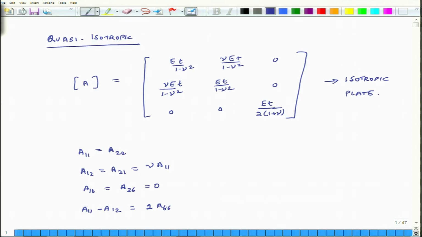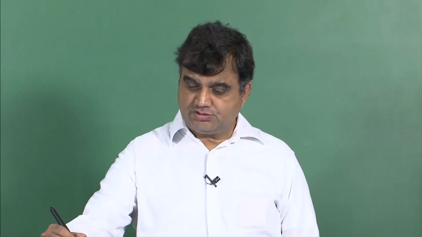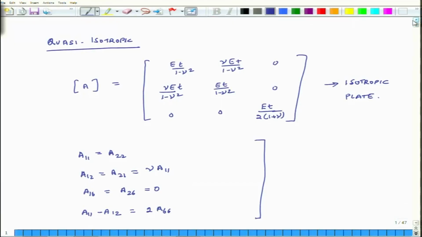So, these are the characteristics or relations between different A matrix elements for a plate which is made up of purely isotropic material. So, if we want to have a quasi isotropic laminate, it will be quasi isotropic if these relations are preserved for the laminate.